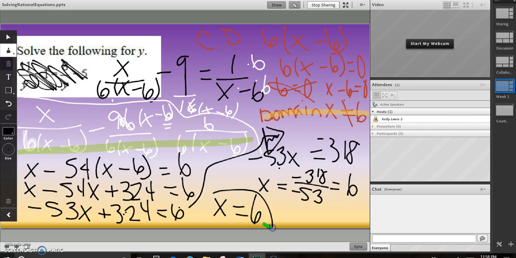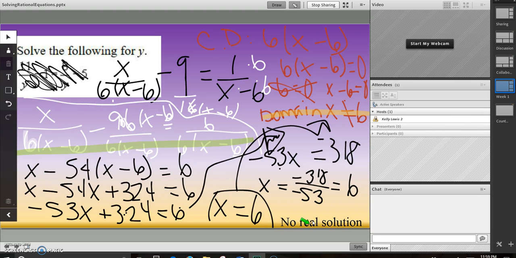But look, the domain said x cannot equal 6. So a little hiccup. Since there's a discrepancy, it's called an extraneous solution. So you write no real solution, and that's your final answer.